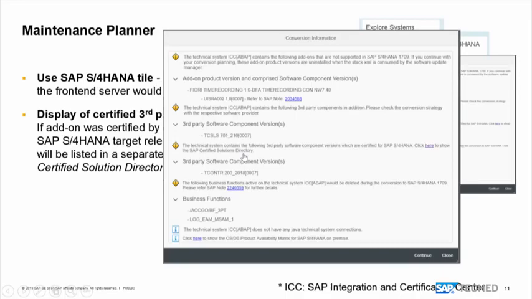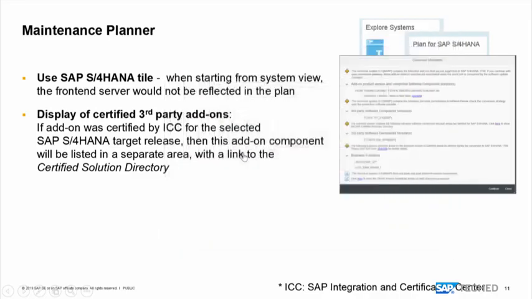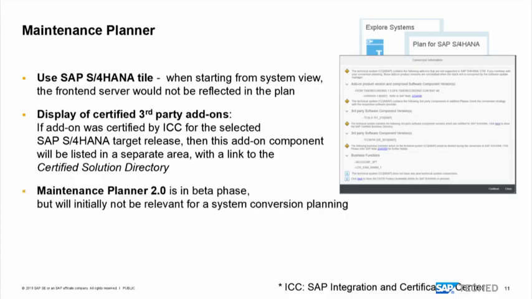For those add-ons that are certified, SAP and the maintenance planner at least tell you it's certified and to check the directory to see if there is a supported version. Nevertheless, the tricky part is with add-ons that are not known to the SAP world, but I have a dedicated slide on this in a minute as well.